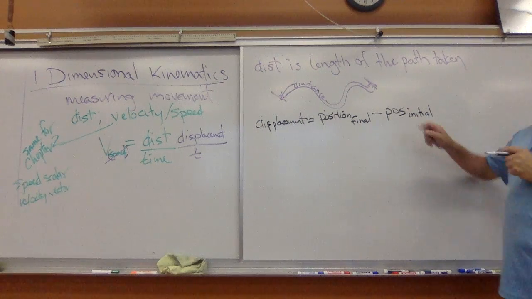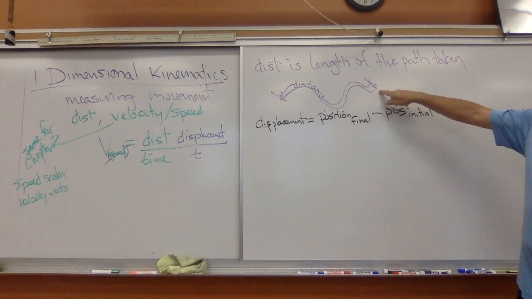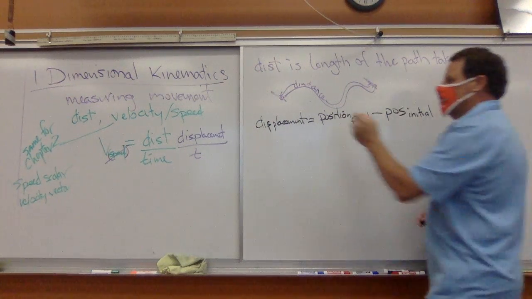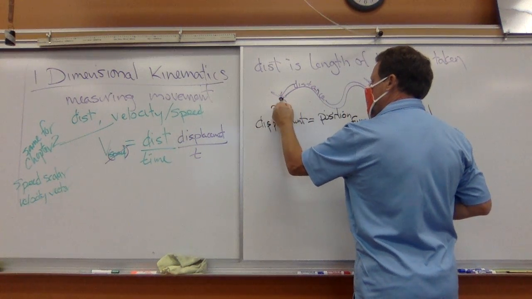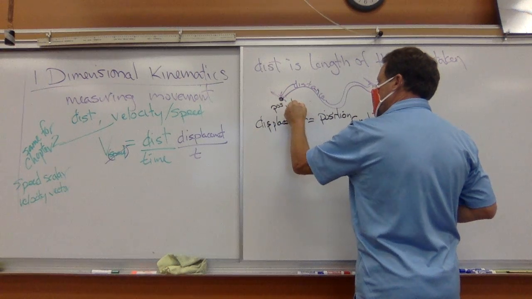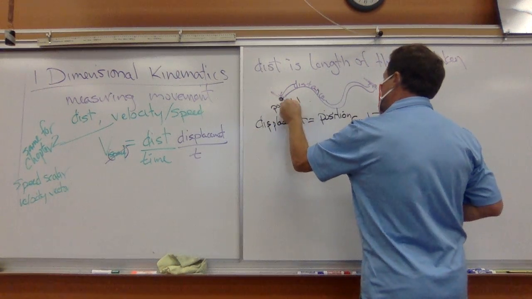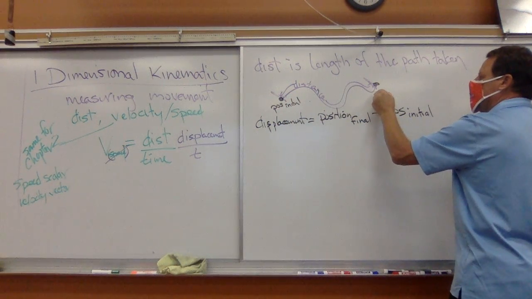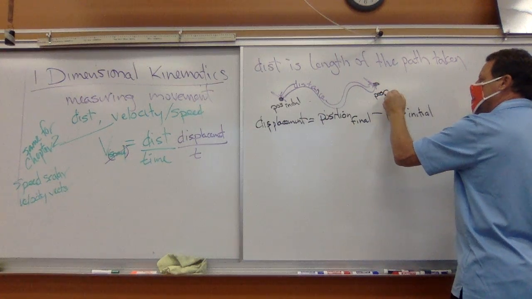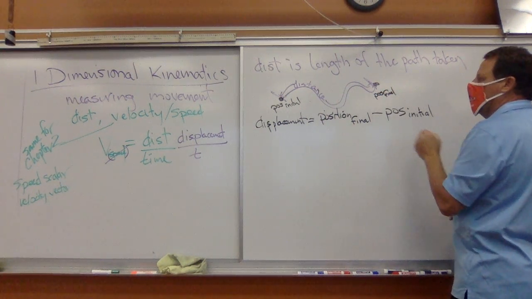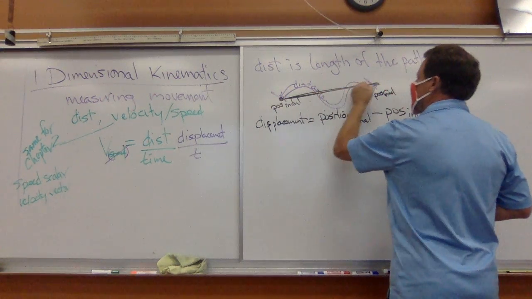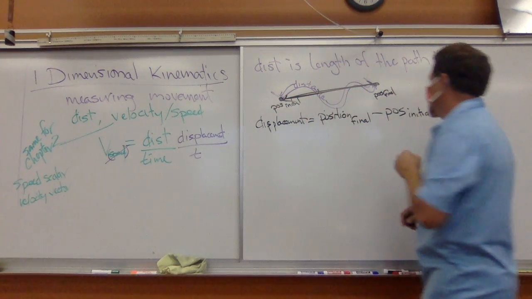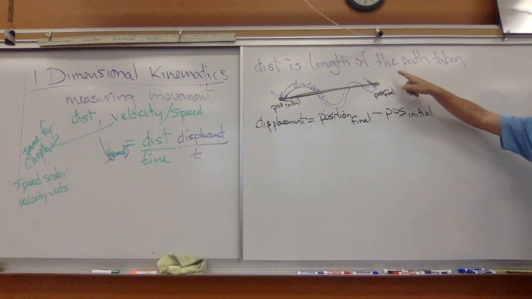Okay, so if we are talking about this same line here, this would be my position initial, and this right here is my position final, then my displacement is going to be there.